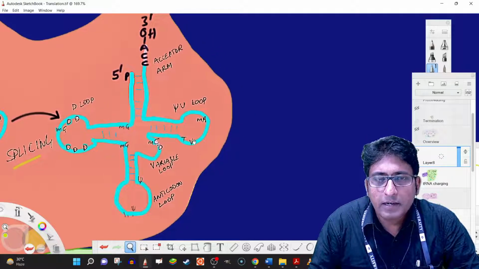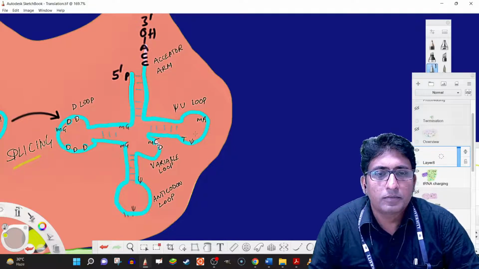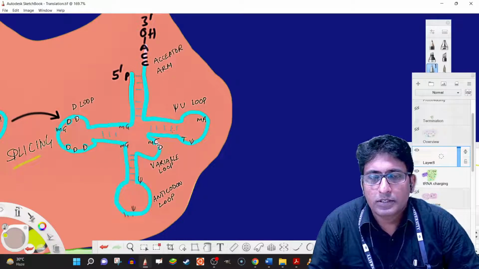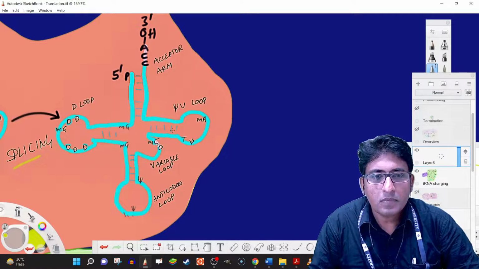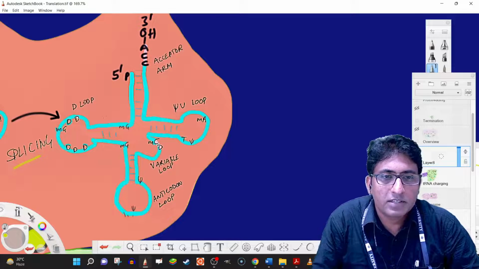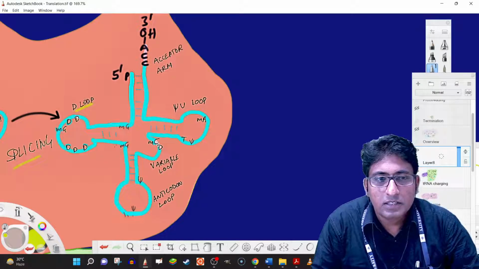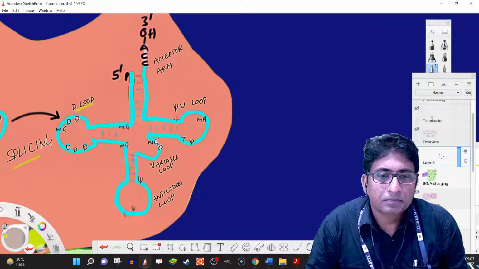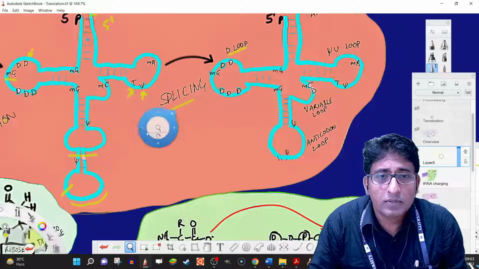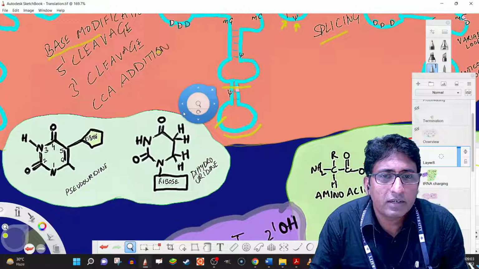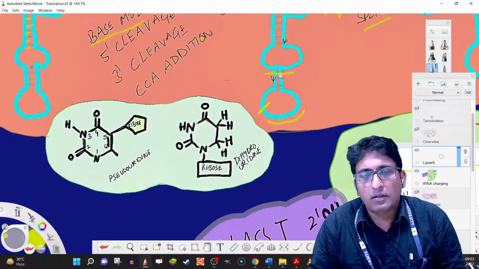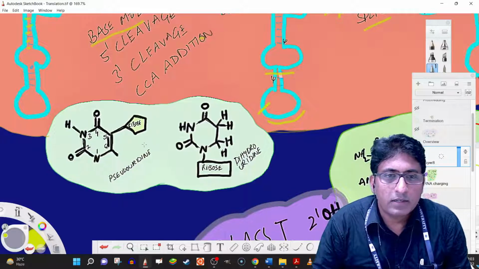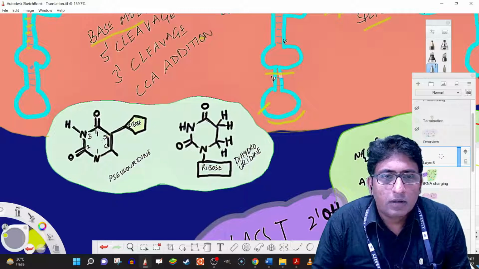For the sake of understanding and also to depict their functional importance, these loops, at least in the two-dimensional structure, we can call this the D loop, because you have so many dihydrouridines. And before that, we will just have a look at what dihydrouridine and pseudouridine are, out of many other nitrogenous base modifications. So here is uracil.